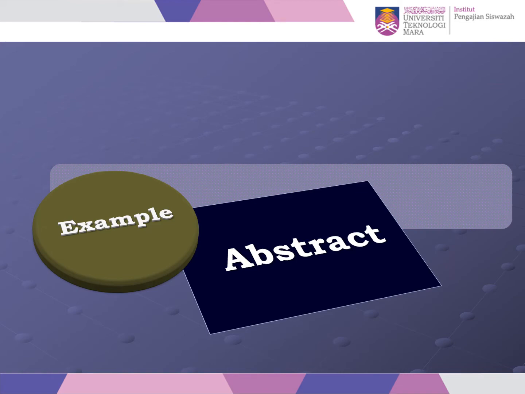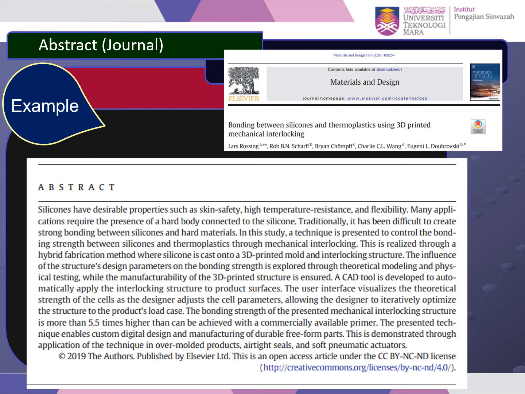Now let's look at the example of an abstract. This is the abstract that I took from the journal entitled Materials and Design. Generally, this is a high-ranked journal, Q1, and at present the impact factor is more than 6.